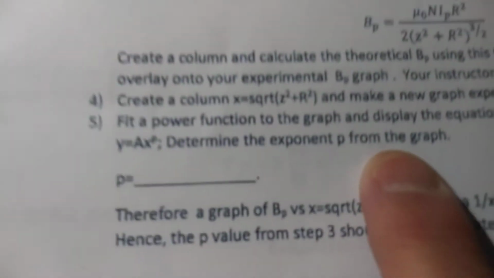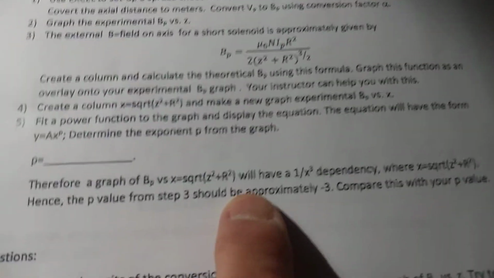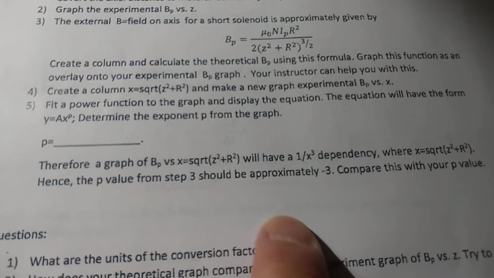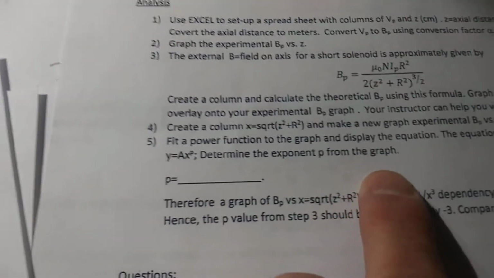So instead of fitting the best fit line, you go into Excel and display a power function. Right here, step 5: fit a power function to the graph and display the equation.